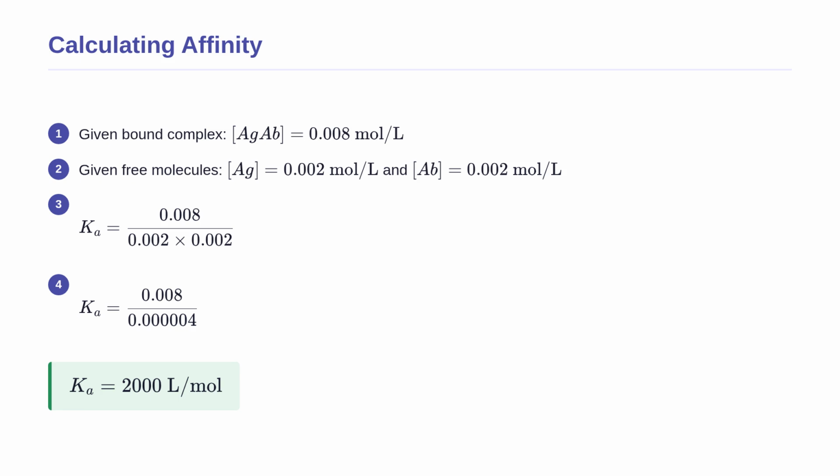We chose the affinity constant formula to find the exact binding strength. By plugging in our values, we multiply the denominator first, then divide the numerator. The final answer is 2,000 liters per mole. This relatively high number tells us the immune system has a solid physical grip on the virus.